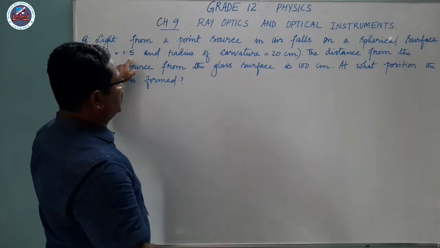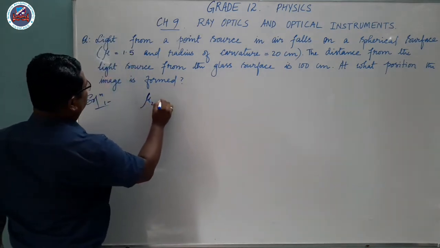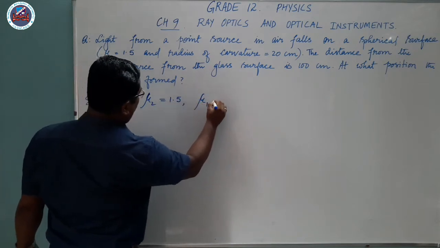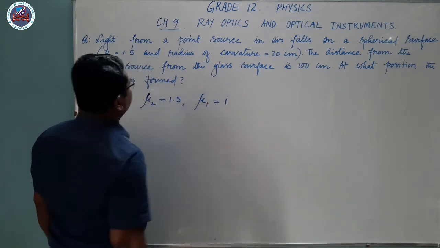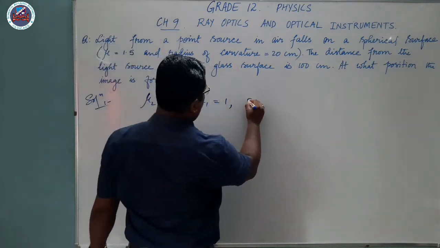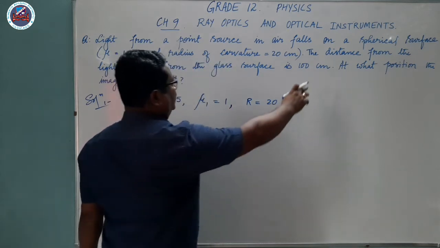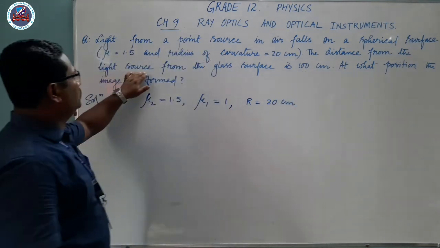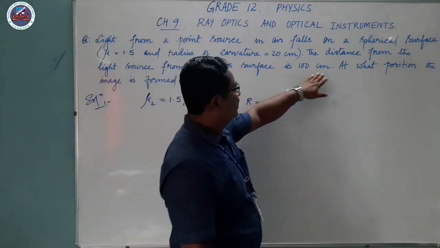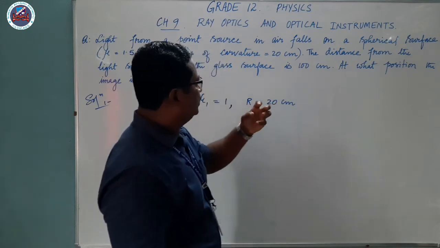The light is coming from air, so this is the refractive index of the second medium, 1.5, and the refractive index of air, you already know, is 1. The radius of curvature is given as 20 centimeter. The distance of the light source from the glass surface is 100 centimeter. So the object distance, the light source, is the object here.